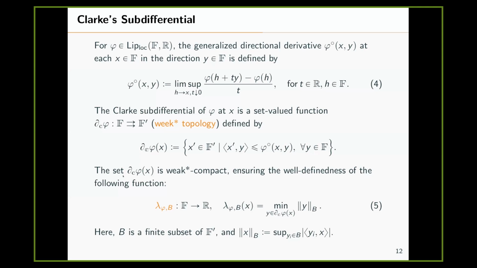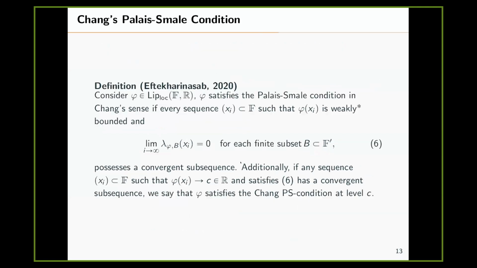A point x is a critical point of the function if the zero element belongs to this set. The only thing that is different from the smooth case is that to define the compactness condition, we need an assumption that provides us a convergent subsequence that approaches a critical point.